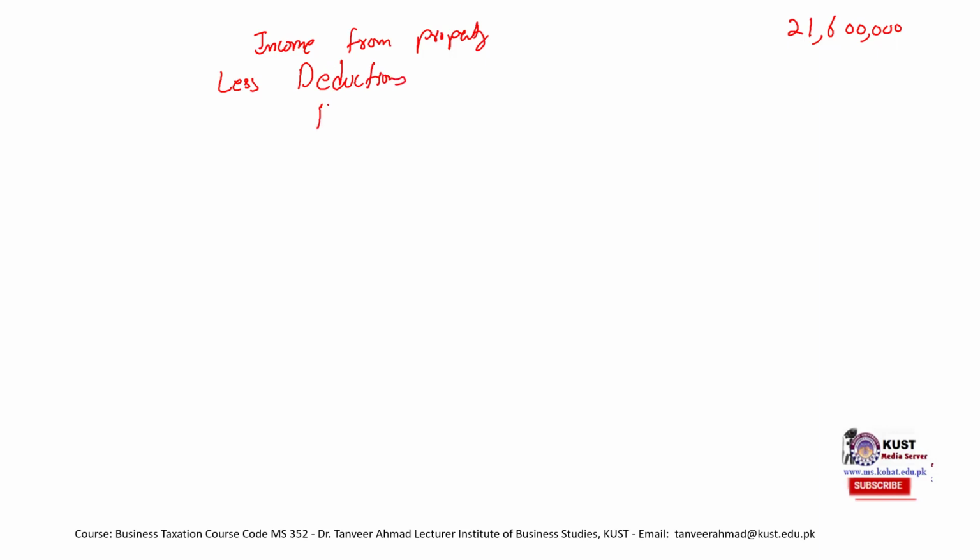First deduction is repair allowance. Remember, whether it is mentioned or not that the company had certain repairs, we would straight away deduct repair allowance. That would be 1/5 of the rent, the gross rent, 216,000,000, and the amount turned out to be, sorry, 43 lakh 20,000.